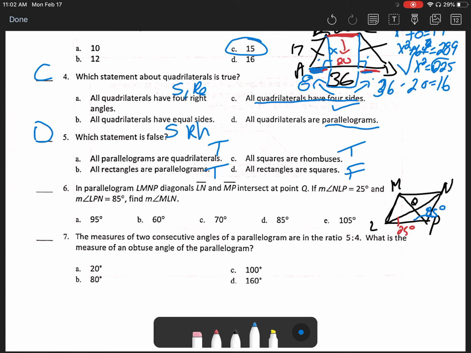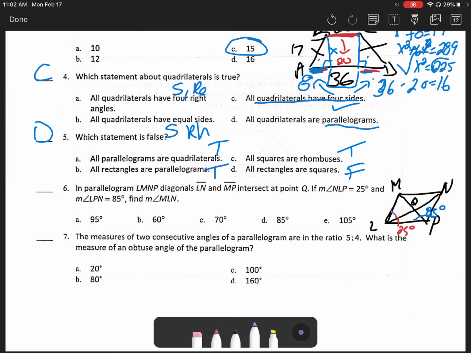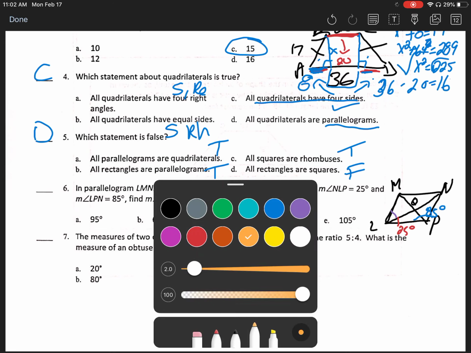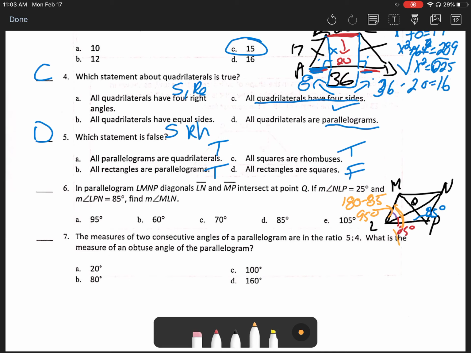Okay, and remember, my diagram's not accurate. It says find MLN, which is this angle right there. One of the things that I know is that this whole angle right here has to be 180 minus 85 degrees, so it has to be 95 degrees, because these two angles are supplementary, which is a property of a parallelogram.